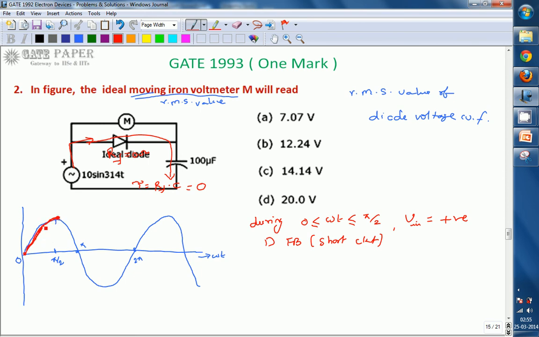At omega t equal to pi by 2, the capacitor voltage also reaches the peak value, which is 10 volts. The voltage across Vc is 10 volts, plus and minus as marked, at the end of the first quarter cycle.